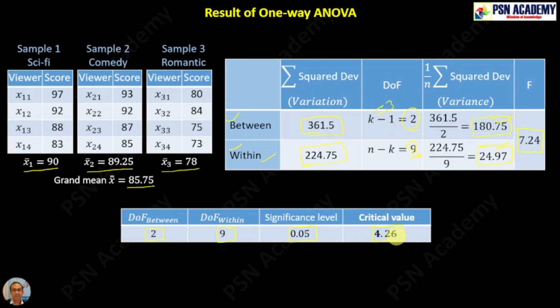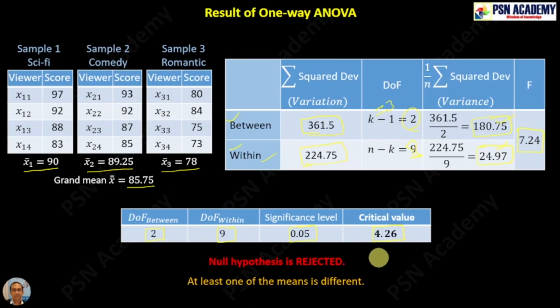In this case, we reject the null hypothesis. And if we reject the null hypothesis, then it is sure that at least one of the means is different, right? Up to this much, ANOVA stops. Now, we have to find out which mean is actually different from the others, right?